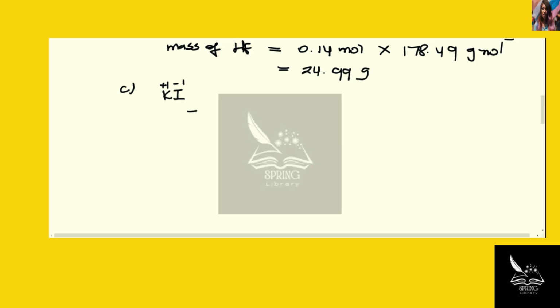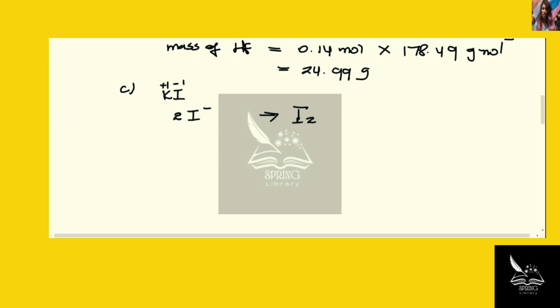So I minus would produce I2. Right? So we need to balance this equation. On this side, there's one iodide atom, and on this side we have 2. To balance this equation, seeing that we have 2 on this side, we multiply the left by 2.